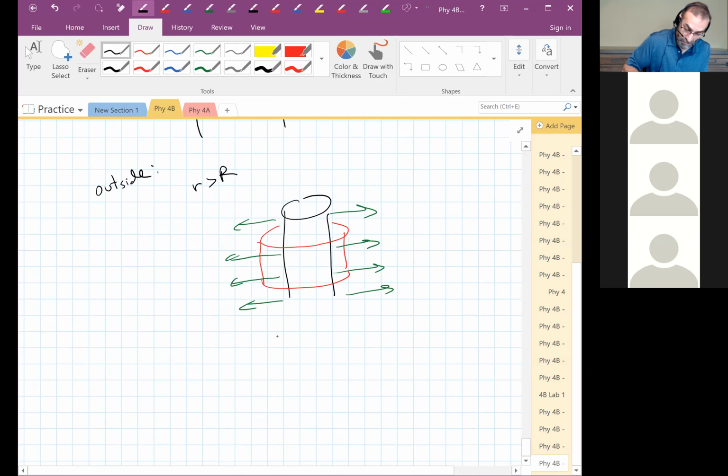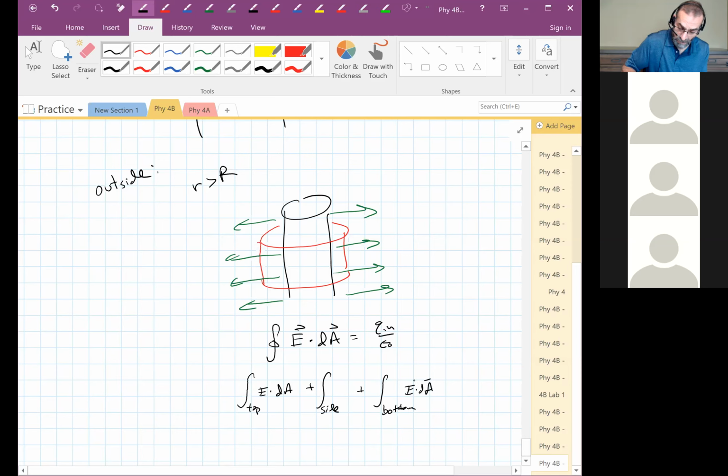And we say the integral around that red Gaussian surface, that means I can break this up: the integral over the top, integral over the side, integral over the bottom. Has to be Q enclosed over epsilon naught.